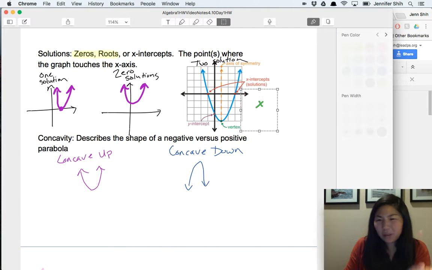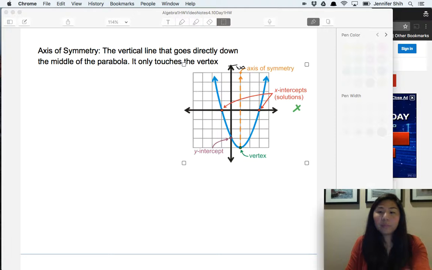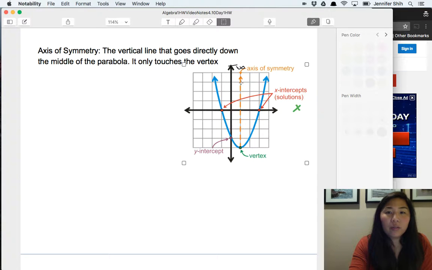Let me see if I can put the picture there. Okay, so I have the picture of the graph. The vertical line, this orange line that goes directly down the middle of the parabola, only touches the vertex.